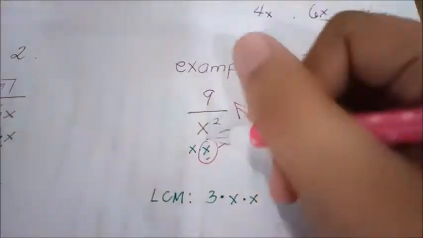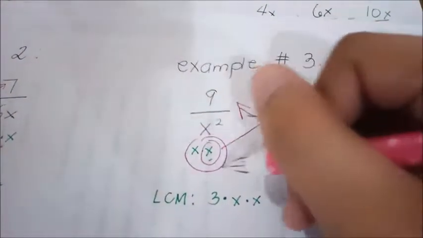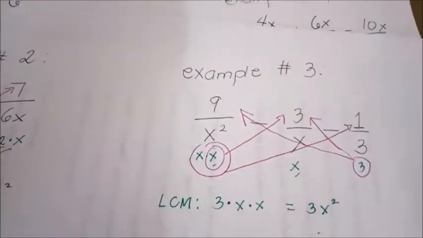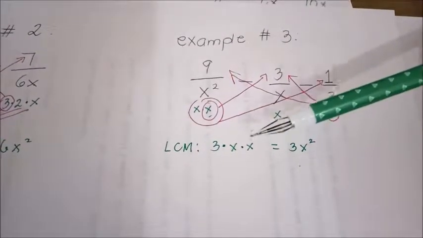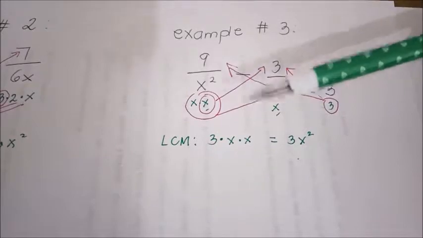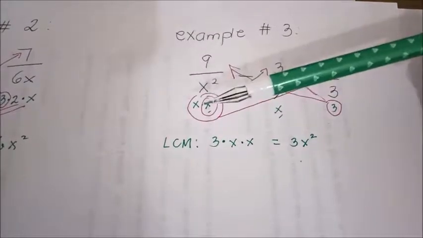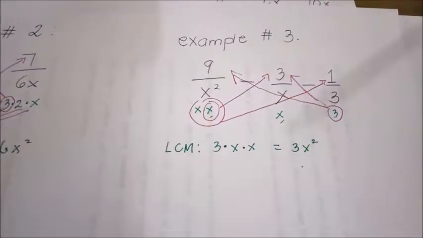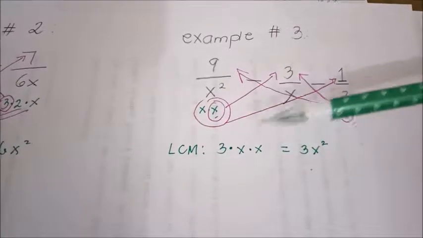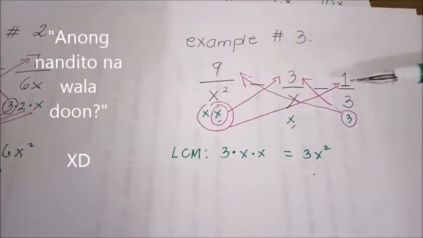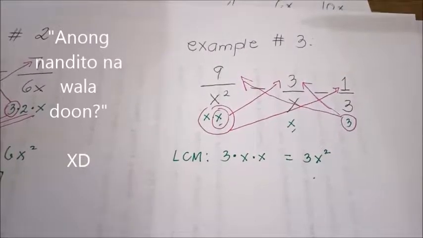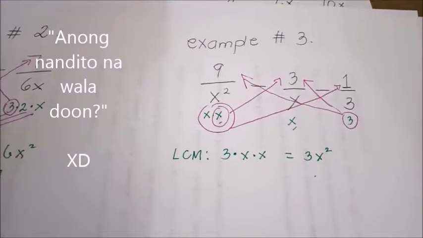So, ang wala ay parehas tong 2 ito, ita-times mo doon. You have 3 times x. Anong nandito na wala doon? Ayan, so ang wala is 3. Anong nandito na wala doon? Ede 3 at x. Anong wala dito na wala doon? Ede x at x. So, yun yung ita-times natin.